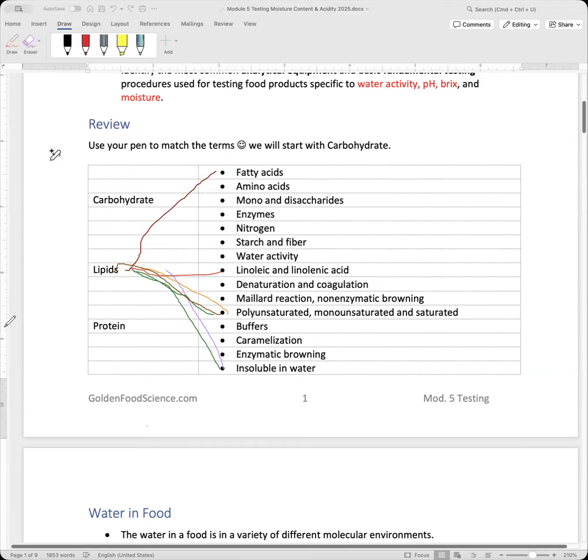Draw a circle around it. Which one is an omega-3 fish oil, linoleic or linolenic? That's right, linolenic. Gone fishing, right? It's got an extra N in it. Great. Any questions about any of those?